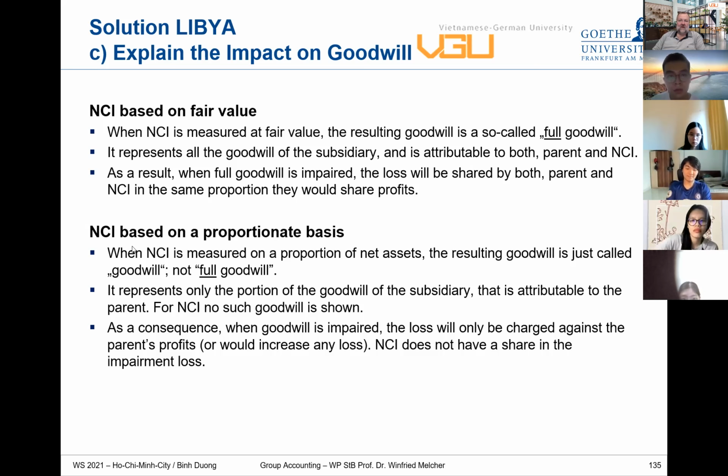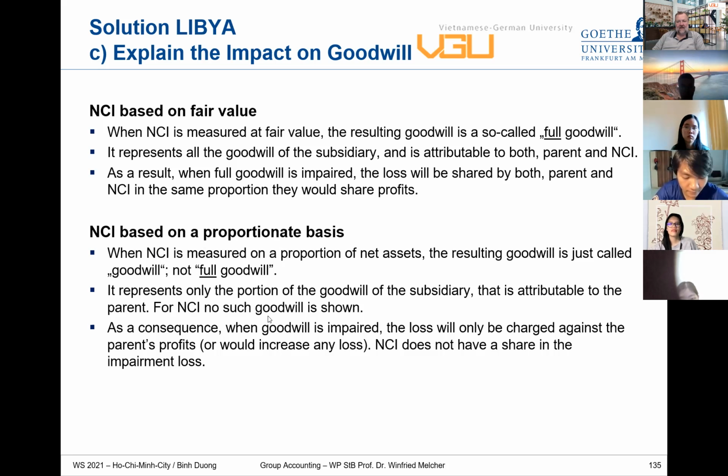And in the case where you don't have a fair value, or you don't want to look at fair values of a stock exchange, then you can use the proportionate basis. So when NCI is measured on a proportion of net assets, the resulting goodwill is just called goodwill, not full goodwill. So it represents only the portion of the goodwill of the subsidiary that is related to the parent.